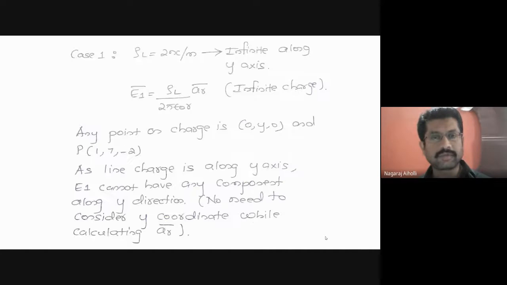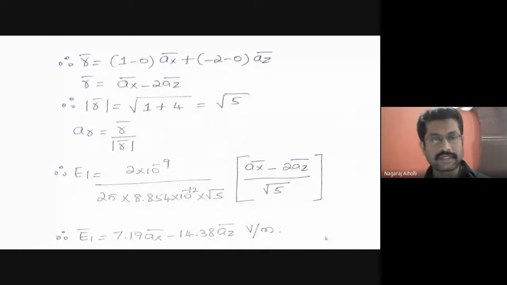For case 1, we have evaluated for the infinite long line charge lying along the y-axis, at the point (1, 7, minus 2), and we have found the value as E1 is equal to 1.19 AX bar minus 14.38 AZ bar volt per meter.